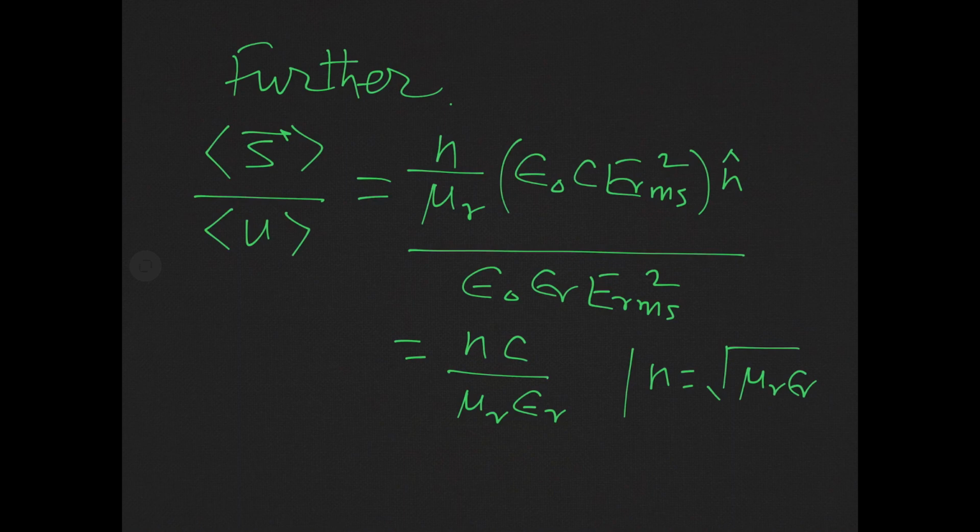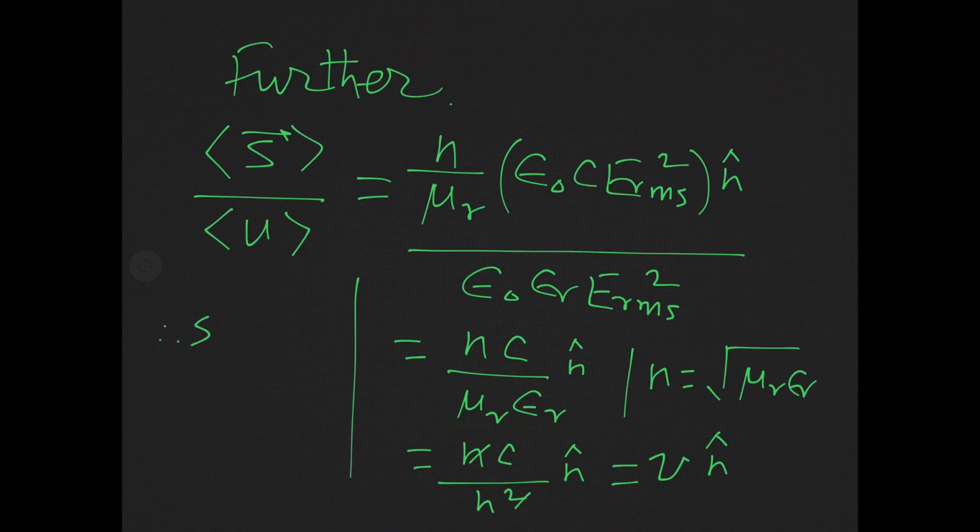So here mu r into epsilon r will be equal to n square. So we can write this expression as n C over n square and n hat. And you can see from here this will cancel out, and you know C over n is actually equal to what? This is v, velocity of the wave in isotropic dielectric. So this is v into n hat.